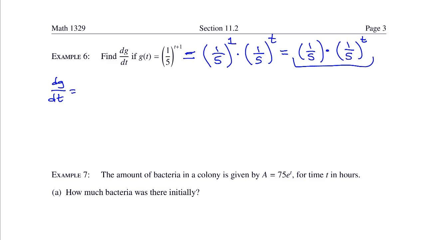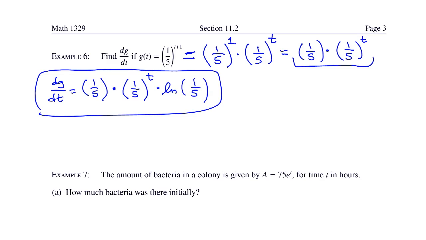The first part is a constant multiple, so it sticks around, and it's 1/5, times the derivative of 1/5 to the t. So we would use the exponent rule, and that would be 1/5 to the t times the natural log of 1/5. And that's it.